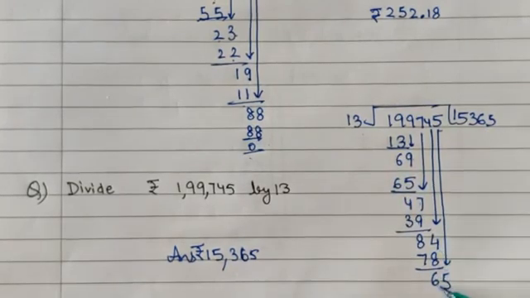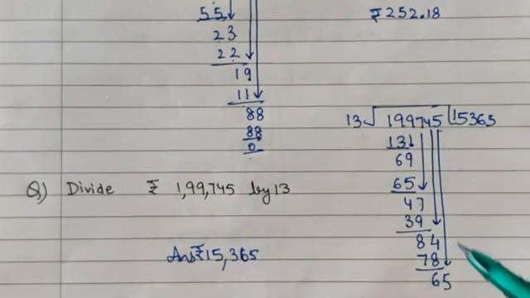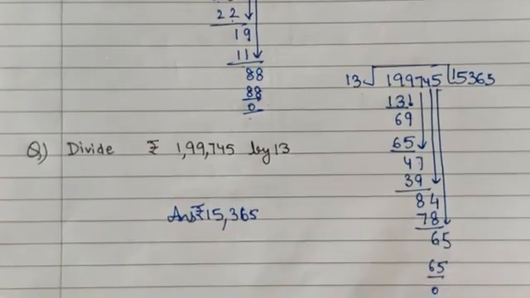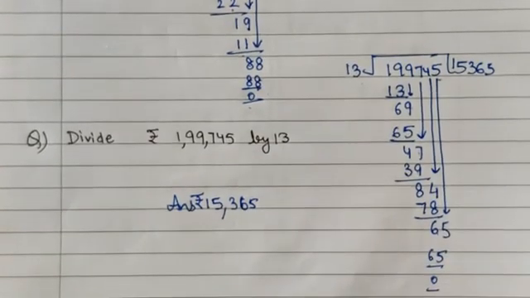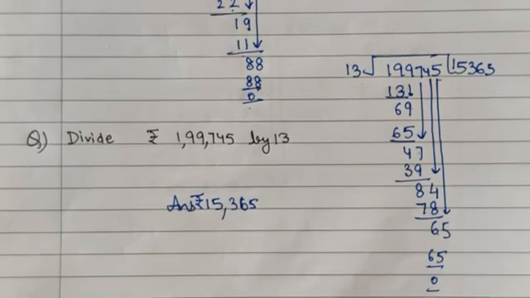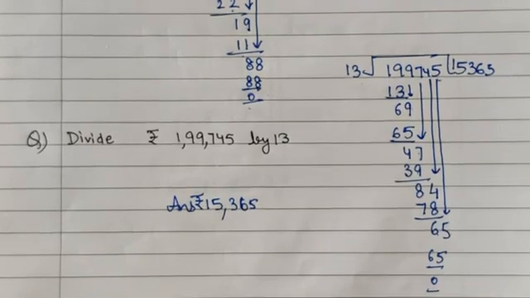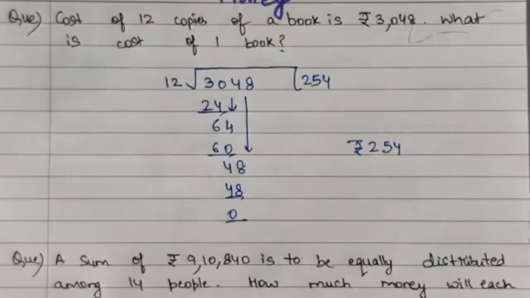Then 6 we get. Then 5 comes down. And 13 into 5 is what? 65. So what is the remainder? 0. That is your answer, 15,365 you can say.